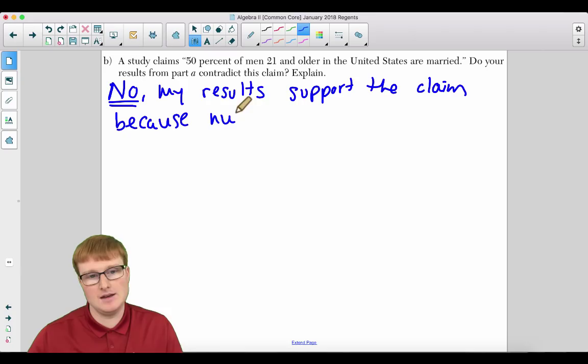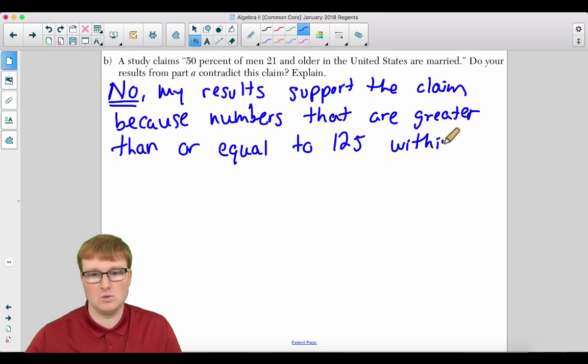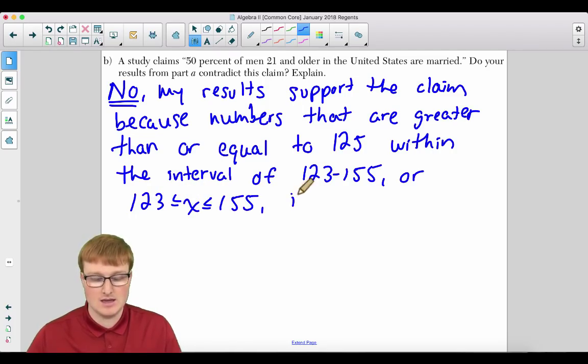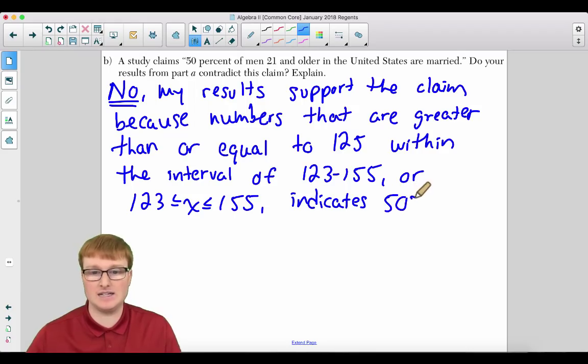Because numbers that are greater than or equal to 125 within the interval of 123 to 155, or in this case, we could rewrite this as 123 is less than or equal to x, which is less than or equal to 155, indicates 50%.